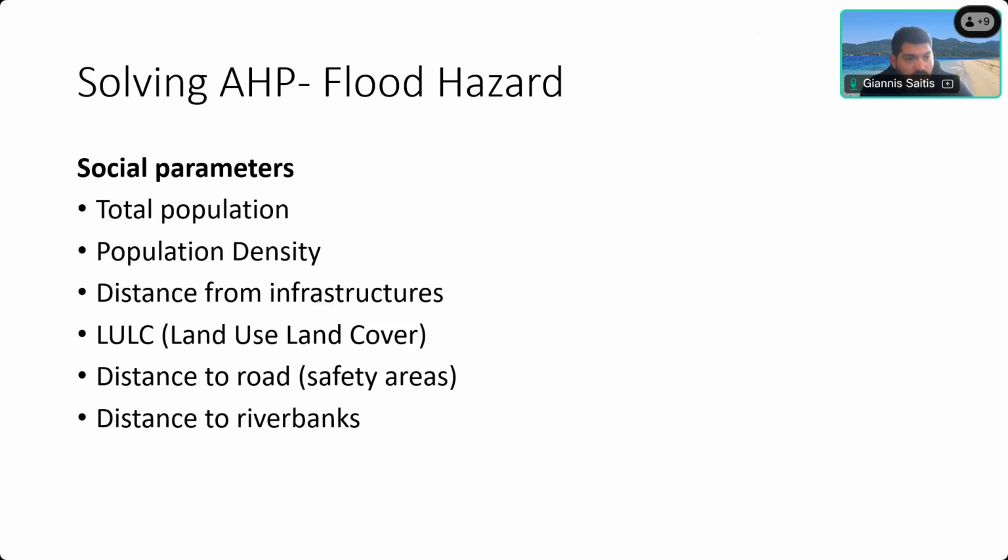This is also another thing that affects the hazard. Of course, the land use and land cover, but from the social point of view, the distance to roads, which roads are essential because they lead to safety areas, and of course the distance from river banks. So this is the social parameter.